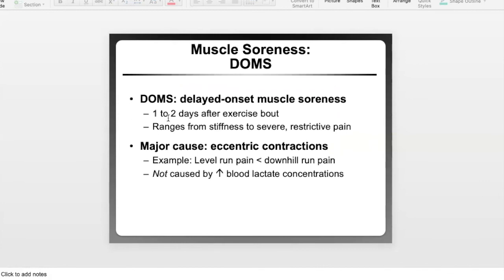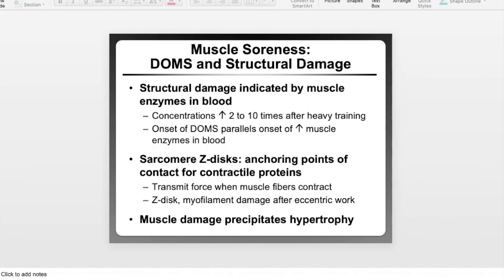Now, if I do that too much, it's obviously going to result in soreness. It has a lot to do with whether or not I'm doing eccentric contractions, and it's not caused by blood lactate problems. It's not caused by lactic acid. This is caused by muscle destruction.